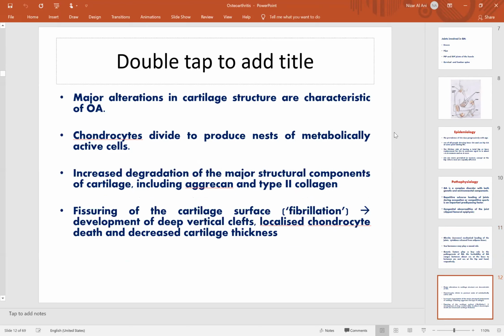The chondrocytes divide to produce nests of metabolically active cells. There will be increased degradation of the major structural components of cartilage, including aggrecan and type 2 collagen. One of the characteristic features of osteoarthritis is the development of fissuring of the cartilage surface, what we call fibrillation.